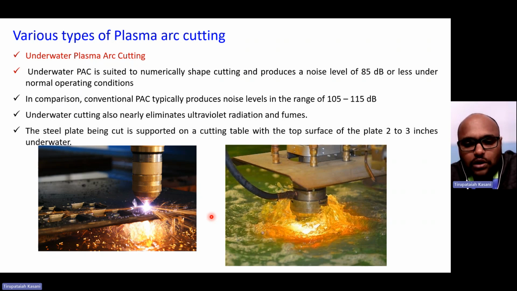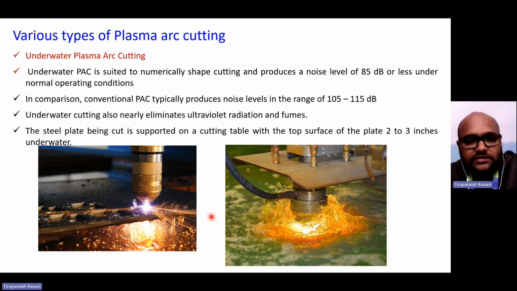The next one is electron beam machining, wherein high velocity electron energy is used to melt and vaporize the material from the machining zone. The next one is laser beam machining, where melting and evaporation occur.